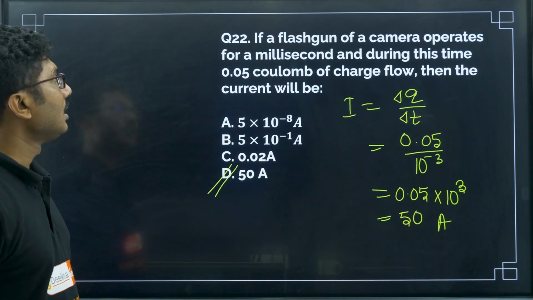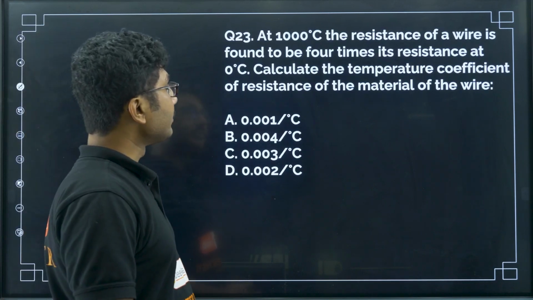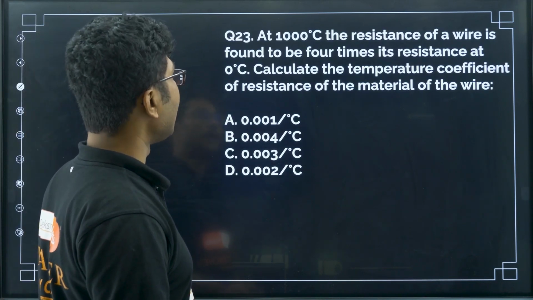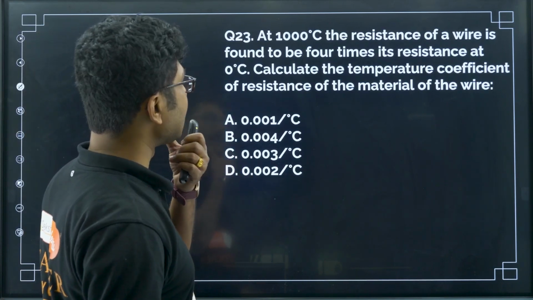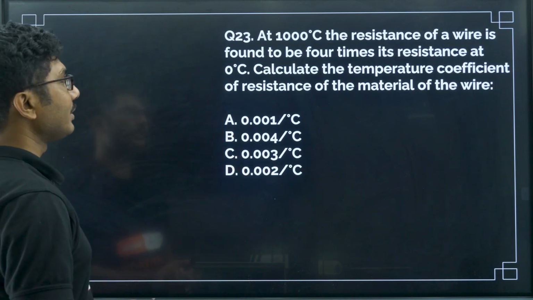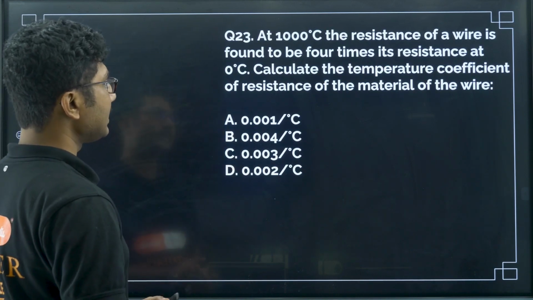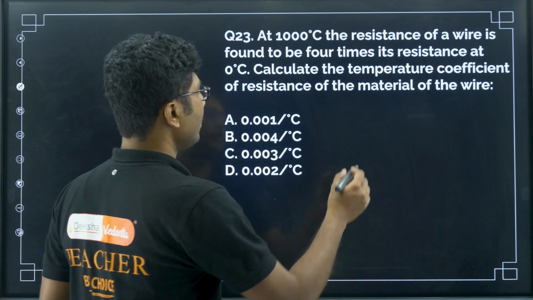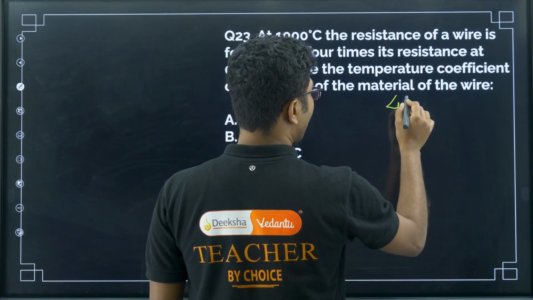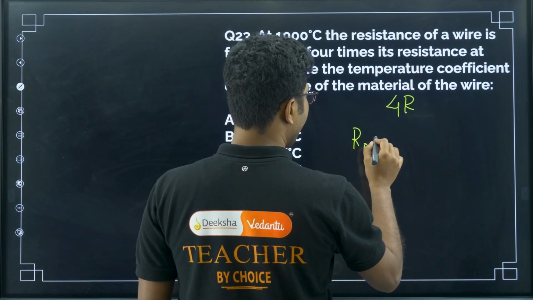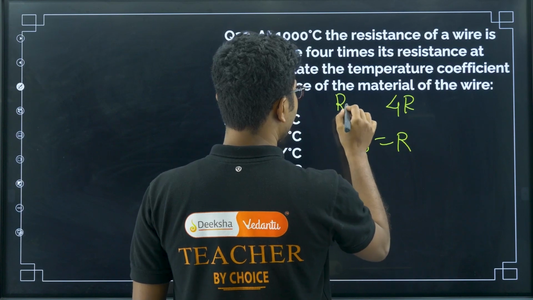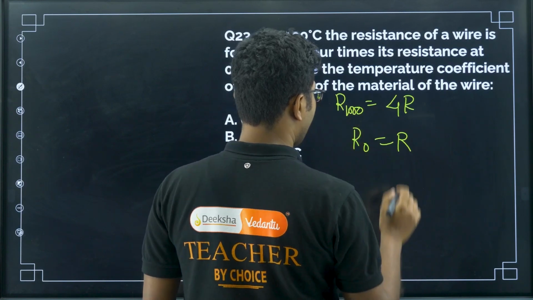Again, simple problem. At 1,000 degrees Celsius, the resistance of a wire is found to be 4 times its resistance at 0 degrees Celsius. Calculate the temperature coefficient of resistance of the material of the wire. So R1000 is 4R. If R0 is R, then R1000 is 4R, right?